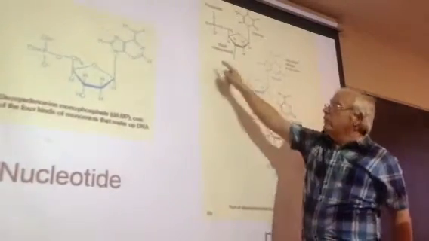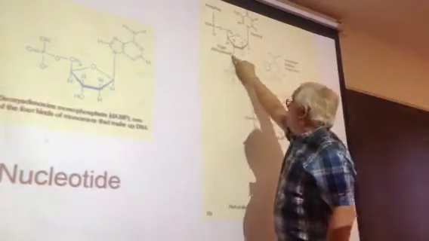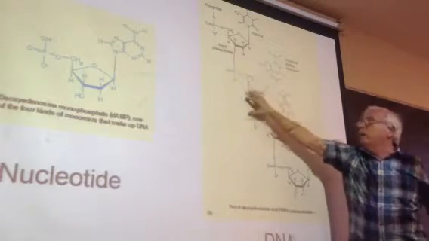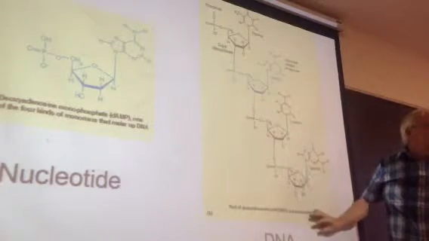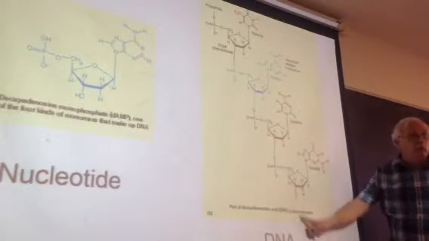And the phosphate up here is linked to the number 3 position of that sugar on the next guy. So this has now been embedded in a long DNA polymer. But if you want to lengthen it, you just keep adding more.